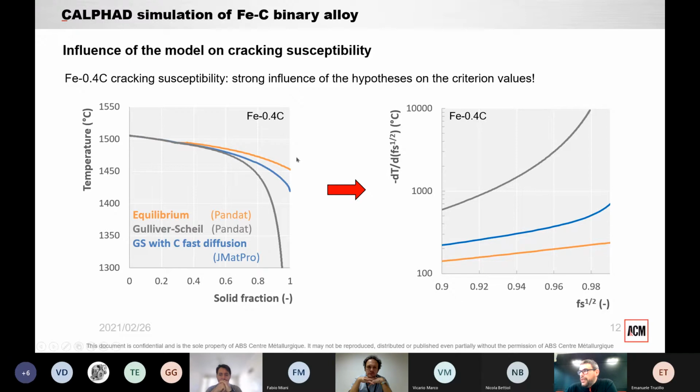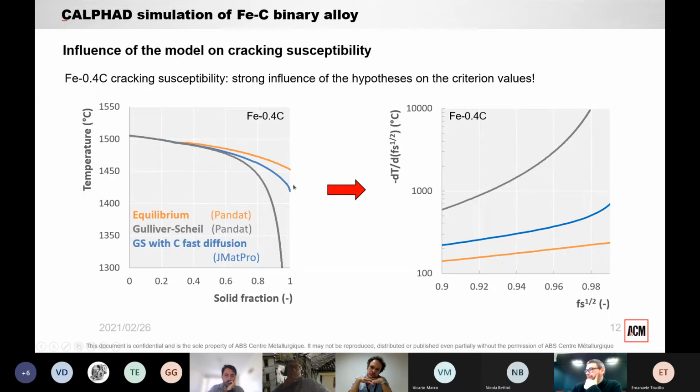So just to show you that in this case, if you try to plot the criterion, the cracking criterion, the slope at the very high value of the solid fraction. In this case, I used a log scale because there are really different scales. So the equilibrium is here.